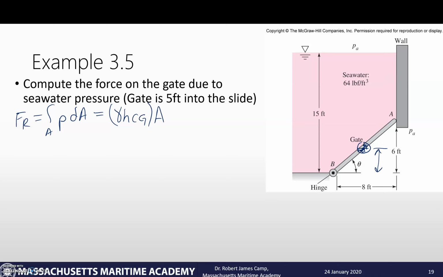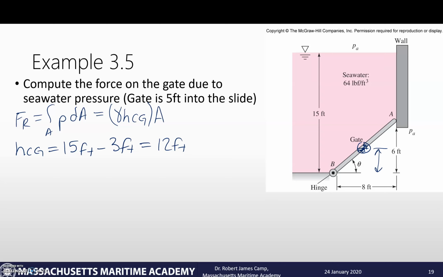Halfway up is going to be 3 feet. So the height at the center of gravity is our 15-foot depth minus 3 feet, so 12 feet. That's a pretty common mistake with this problem when I've given it for exams before.